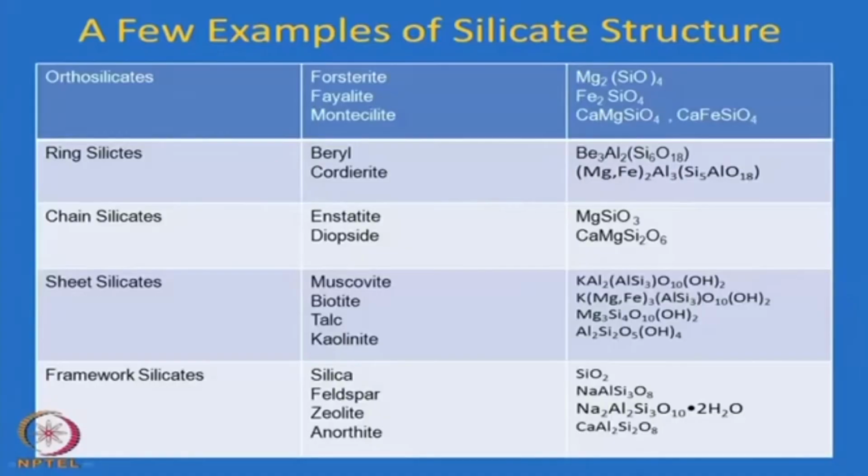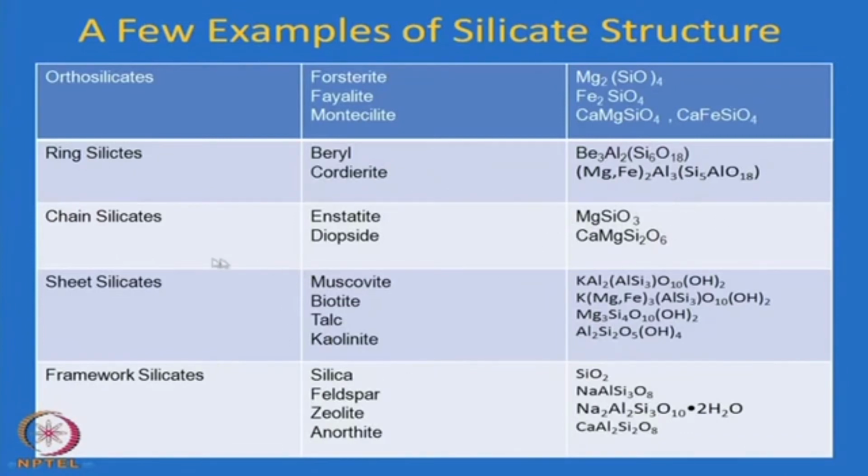So, cordierite is a very important ceramic, and one needs to know its structure as well as property. Maybe if time permits, we will discuss why cordierite ceramics have a very low thermal expansion coefficient.